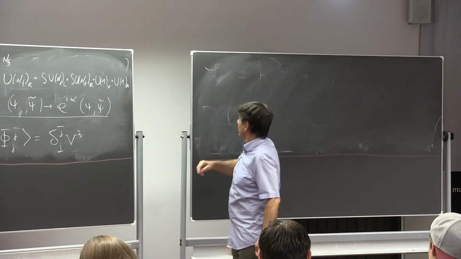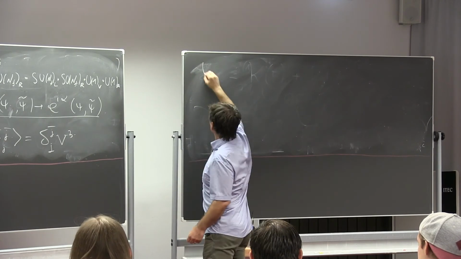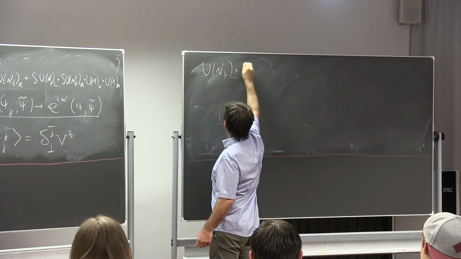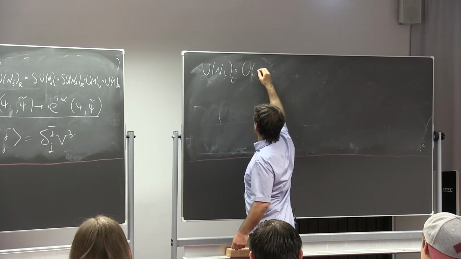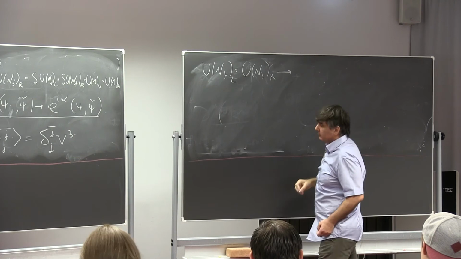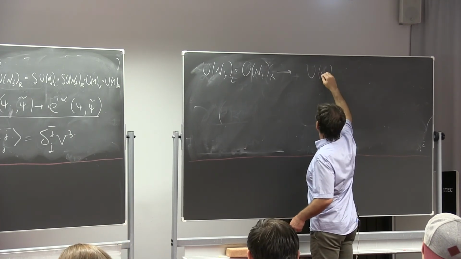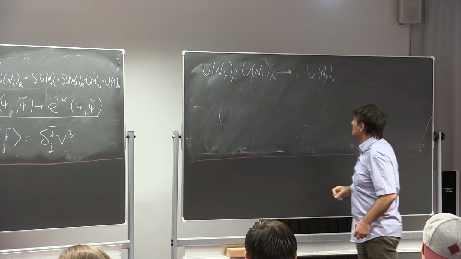Which means that it is breaking the flavor symmetry down to a diagonal U(N_F) vector.